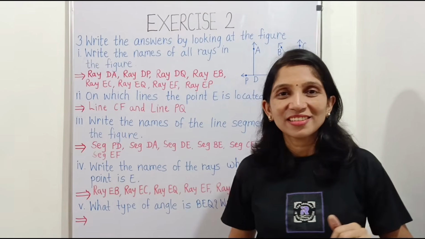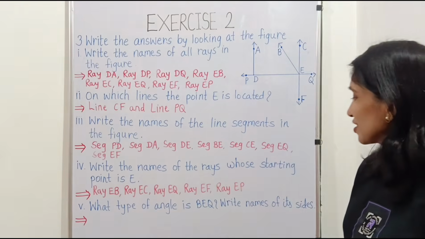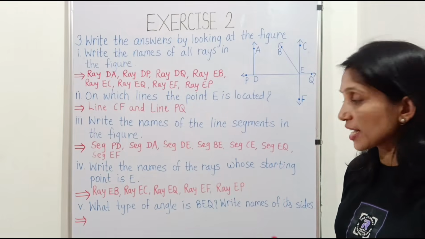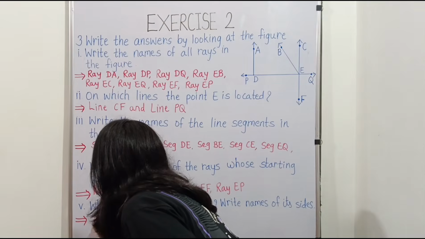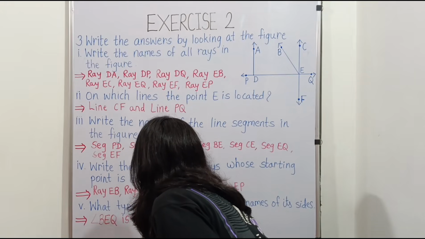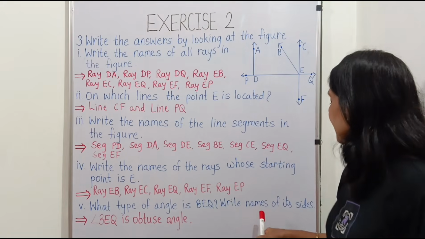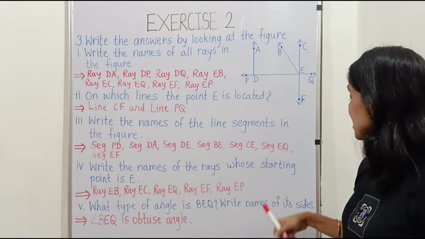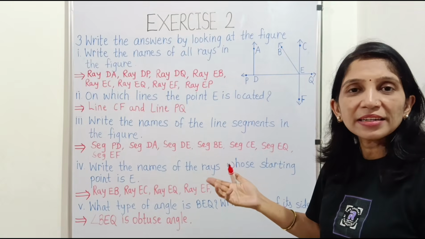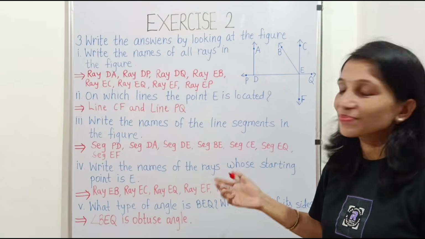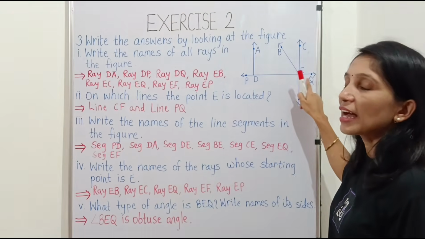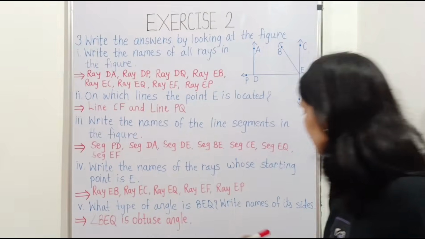That means it is obtuse angle. Correct. So, angle BEQ is obtuse angle. Then write names of its sides. So, these are the sides. Sides means name of the arms you will have to write here. So, arm EB and arm EQ.